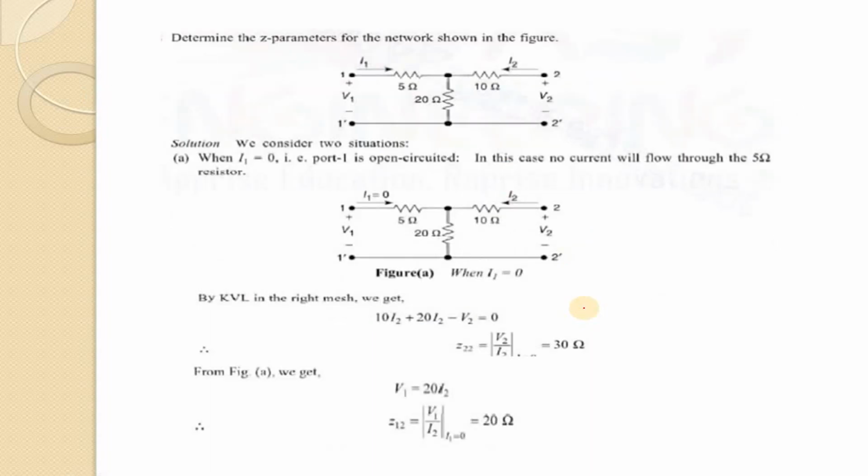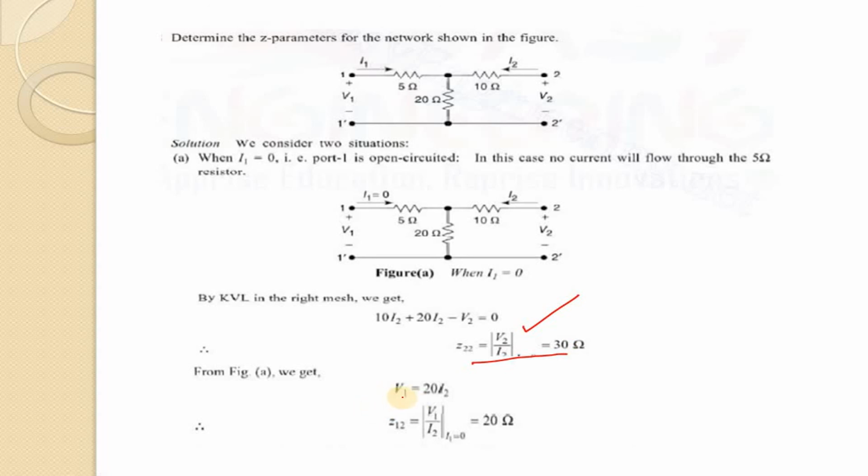Another problem we have considered here: determine the Z parameters for the network shown in the figure. Again, here we are taking I1 equals 0, so port 1 is open circuited. In this case, no current will flow through the 5 ohm. So our equation becomes like this, and we are getting the value of Z22 equals 30 ohm.